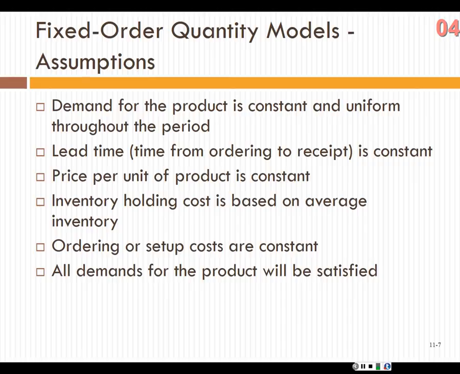And I'm going to grab slides here. And so we're going to say that our demand is constant and uniform, right? And that our lead time is constant, our price per unit is constant, our inventory holding cost is based on average inventory, ordering or setup costs are constant, and all demands for the product will be satisfied.